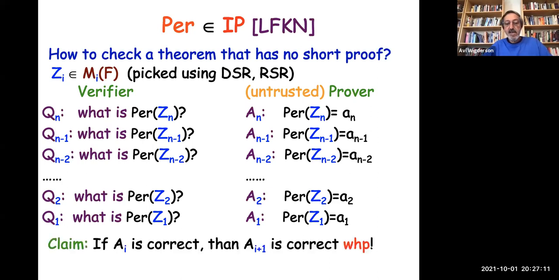And the key thing is that with high probability, if the value we know about i is correct, then the value we know about i plus 1 is correct by the reduction of the previous slide. So it's an amazingly powerful result, of course in the context of interactive proofs. Questions about this? It's an absolutely fundamental result and plays, of course, in lots of other interactive proof results.